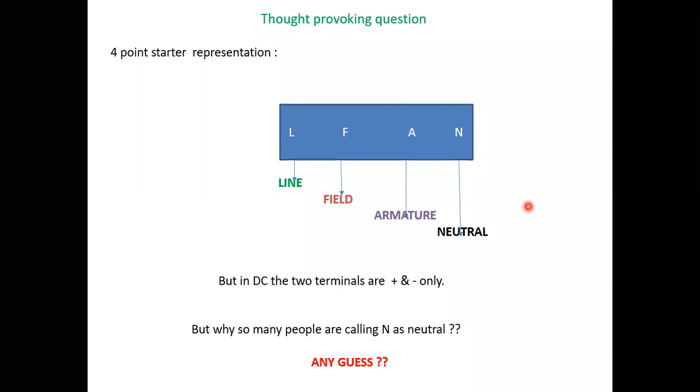But I don't know how these people call that N neutral, because there is no neutral point in a DC system. So can we consider this N as negative? Is it right? Or is there some hidden fact in calling this N neutral?